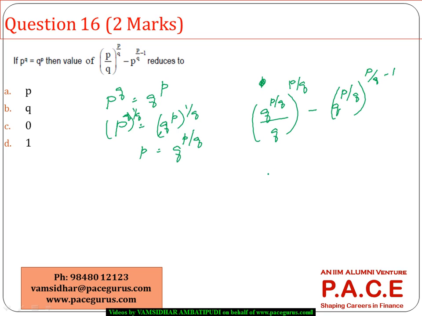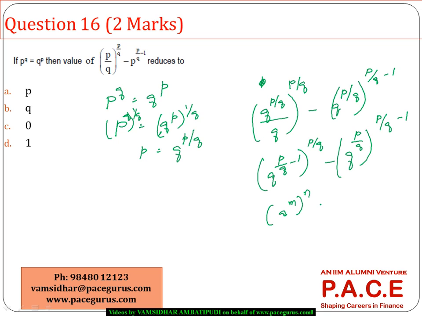So internally this is becoming q power p by q minus 1 to the power p by q minus q power p by q to the power p by q minus 1. So it is as good as a power m whole power n minus a power n whole power m. Both of them are a power mn only, which is actually equal to 0.